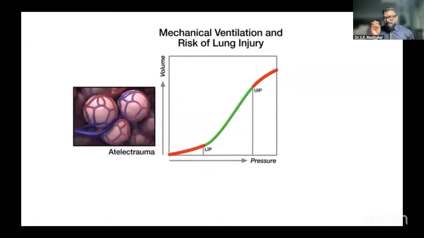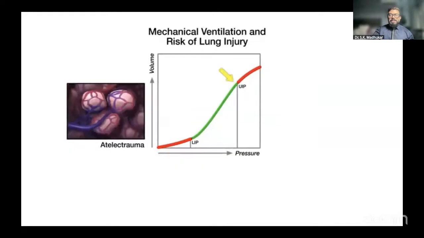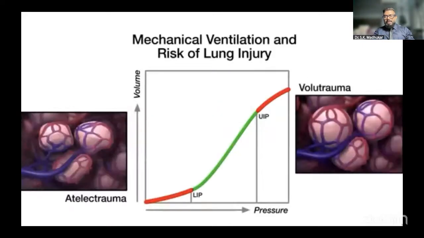The alveoli are opening and closing, and this causes atelectrauma. So there is a high risk of lung injury. And if the patient is ventilating above UIP, then there is a chance of over distension, and a chance of volutrauma or barotrauma. So we don't want to ventilate our patient below LIP, and we don't want to ventilate our patient above UIP.